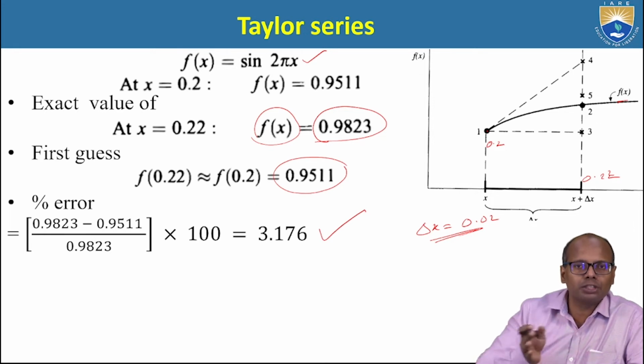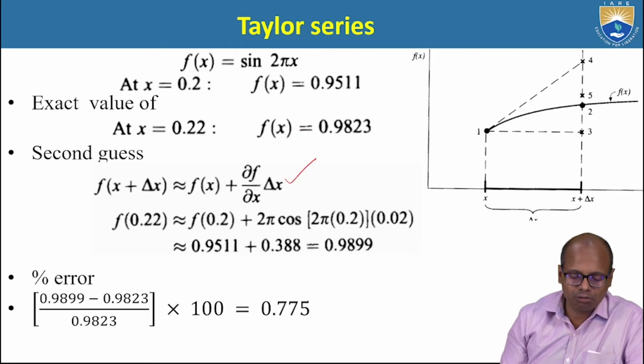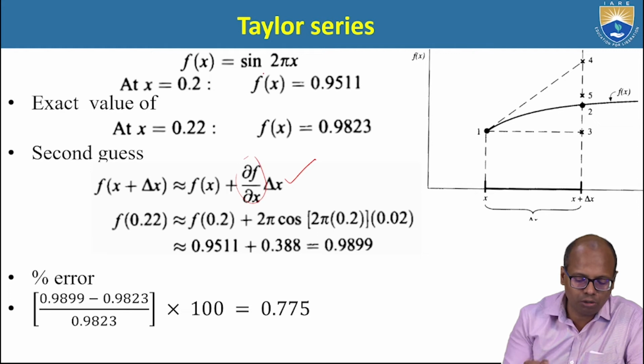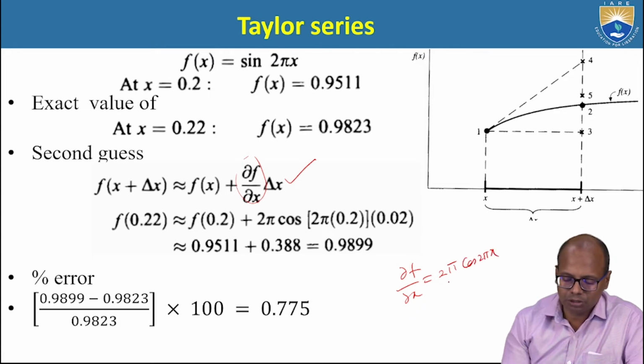Now if I add the slope term, what is happening? We know delta x is 0.02, and we need dou f by dou x. How to get dou f by dou x? Differentiate this with respect to x. Then dou f by dou x is equal to 2 pi cos 2 pi x, into delta x.